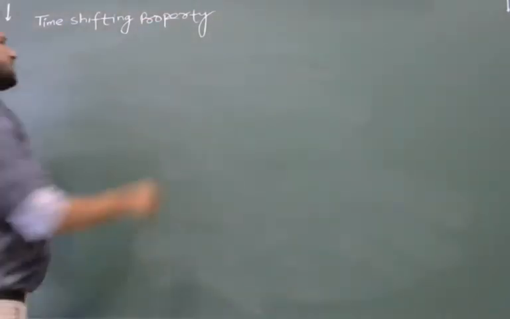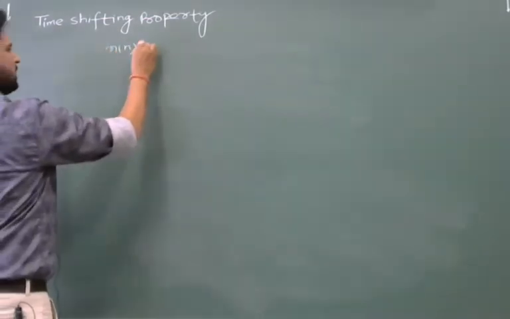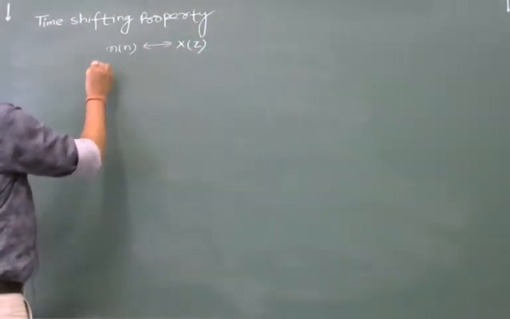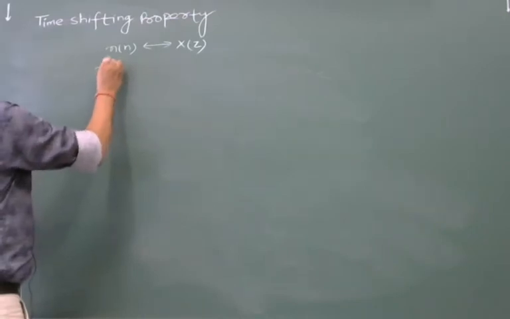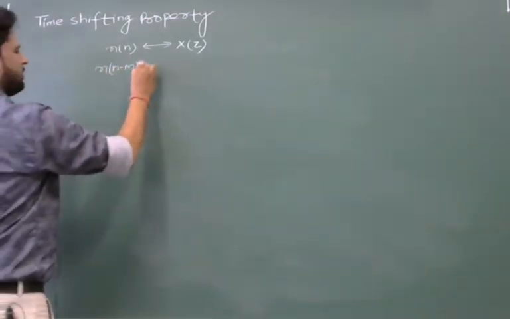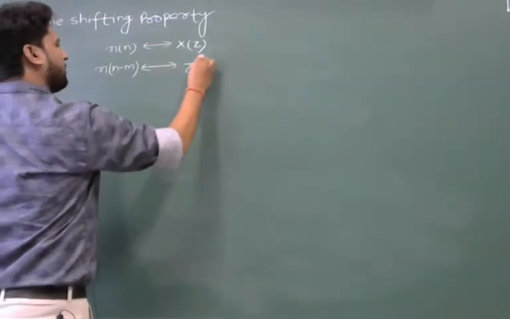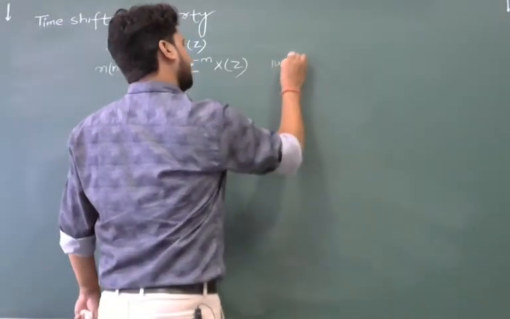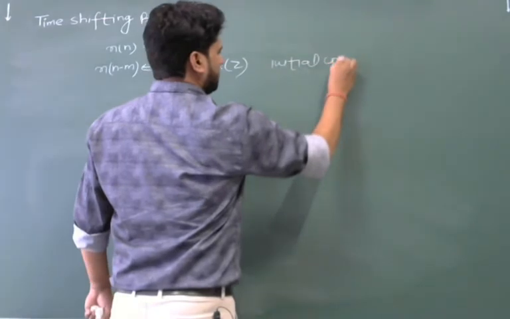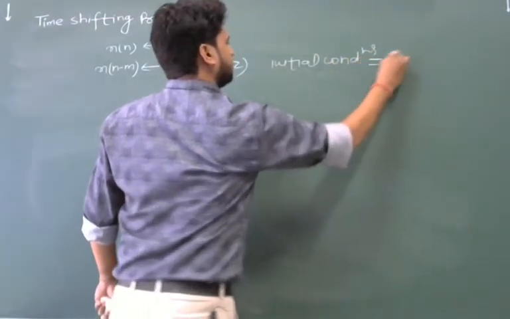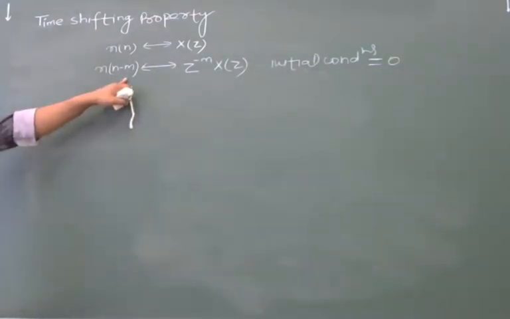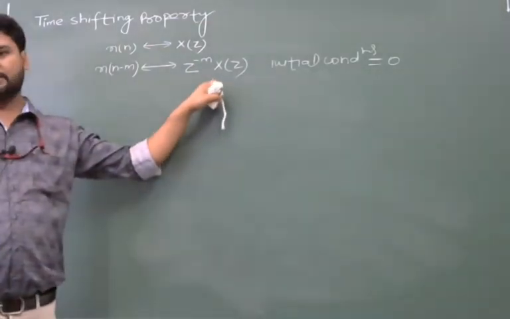Time shifting property of the Z transform states that if the Z transform of x of n is given as capital X of z, then the Z transform of x of n minus m will be equal to z power minus m into X of z, where all the initial conditions are 0.